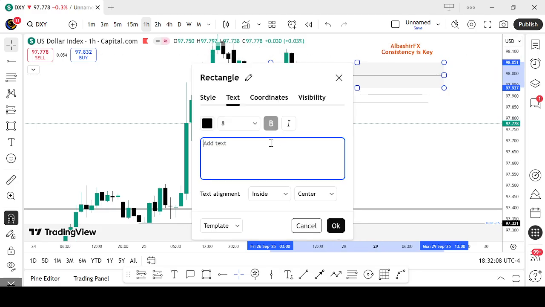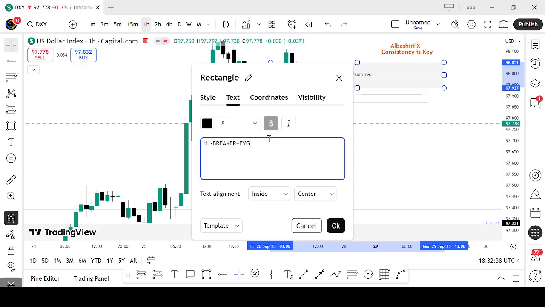So let me just name this H1 breaker. All right, H1 breaker, H1 breaker plus FVG, plus fair value gap.